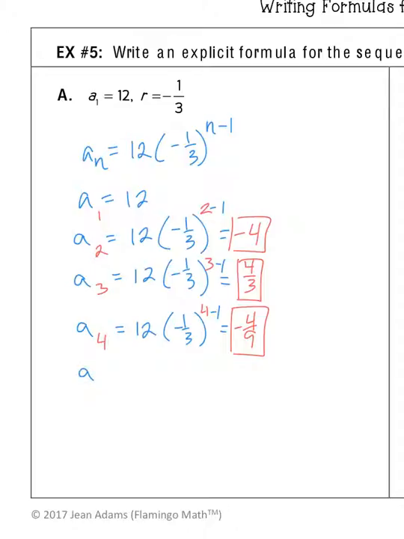Finally, a sub 5 is equal to 12 times negative 1/3 raised to the 5 minus 1, which is equal to 4/27.